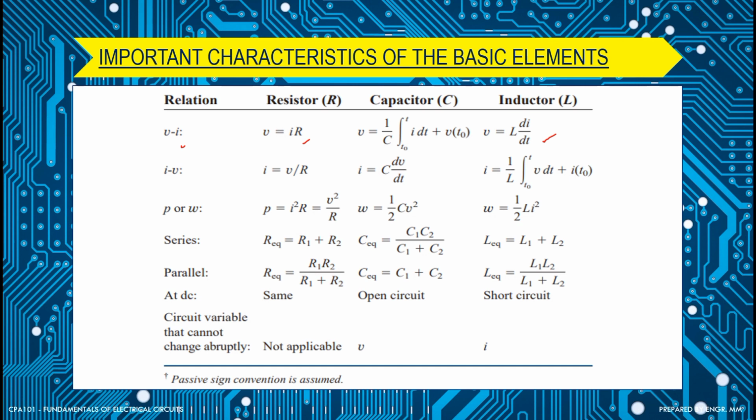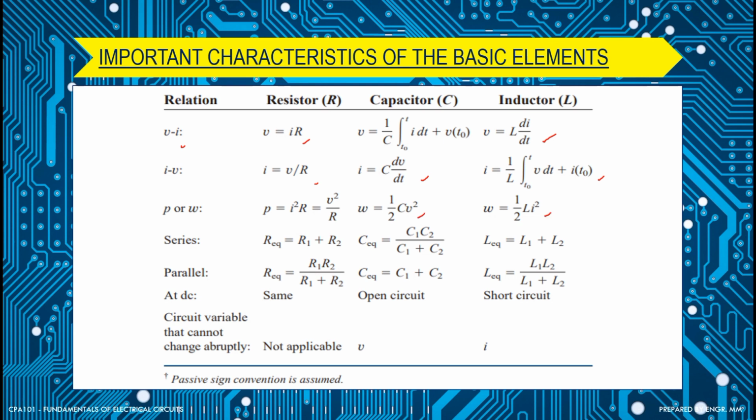For IV, it is just a manipulation of the formula. So I is V over R, C dV/dt, then 1 over L integral of V dt plus I of t sub 0. For power, P is equal to I squared R, or V squared over R. Then energy for a capacitor is 1/2 CV squared. Energy for an inductor is 1/2 Li squared.